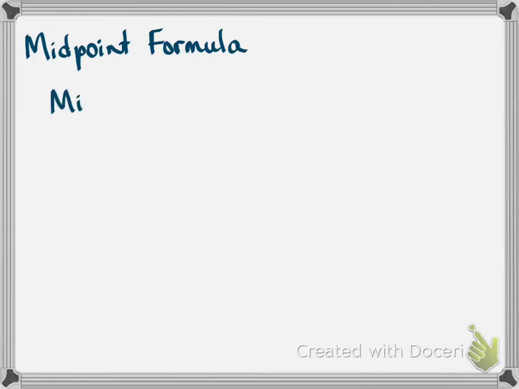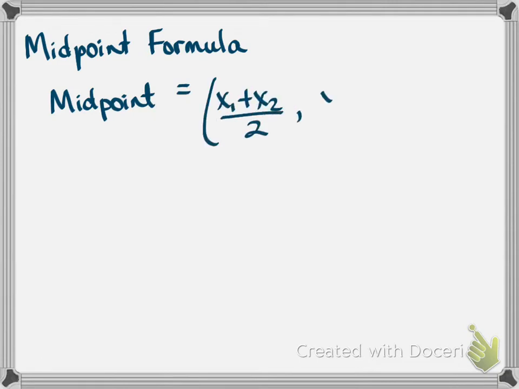Okay, these next two things that I'm going to discuss are reviews from algebra. So we have the midpoint formula, and its midpoint equals x1 plus x2 over 2, comma, y1 plus y2 over 2.